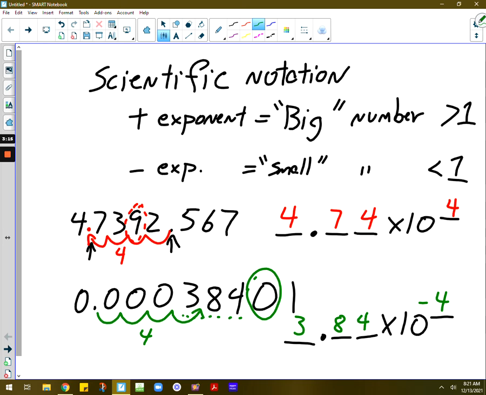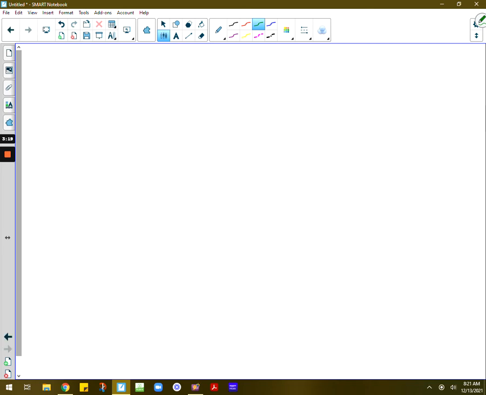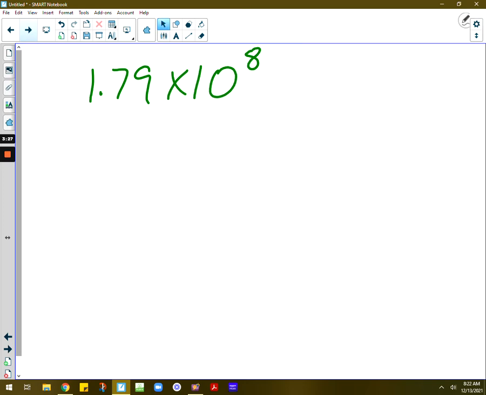Okay. If you're going the other way, you're just inflating. I'm going from 1.79 times 10 to the 8th. Then the positive 8 right here tells me it's going to be greater than 1 when I'm done, so I know that I'm going to take this decimal and end up moving it to my right 8 places.